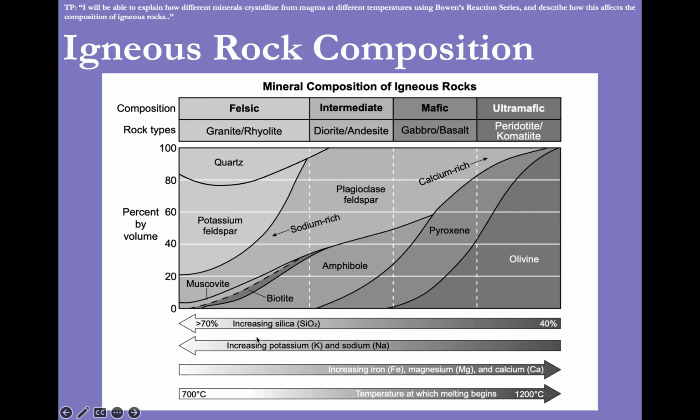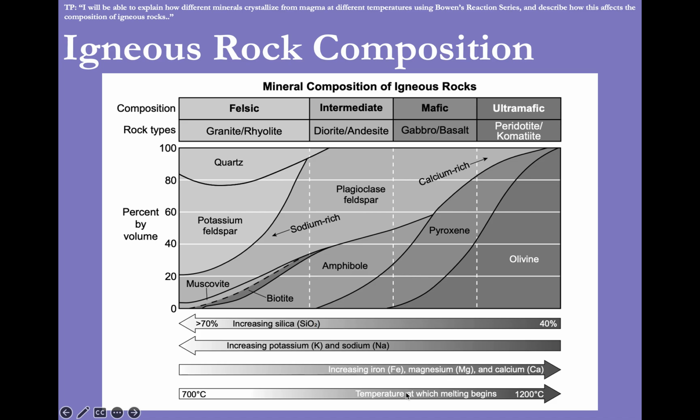Next, your felsic rocks will have high amounts of potassium and sodium. Your ultramafic would have very low amounts of potassium and sodium. Down below, the third one down, we have our felsic rocks being low amounts of iron, magnesium, and calcium. Our ultramafics are really high in iron, magnesium, and calcium. It increases from left to right.